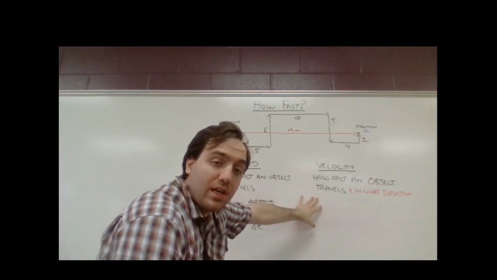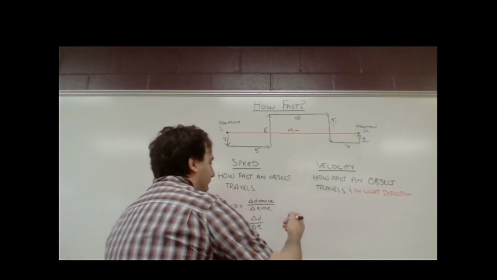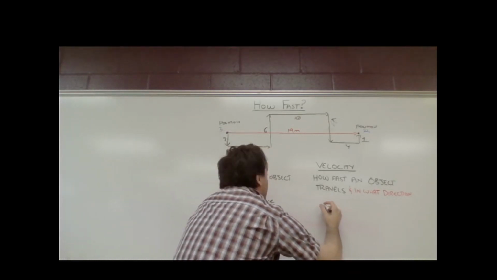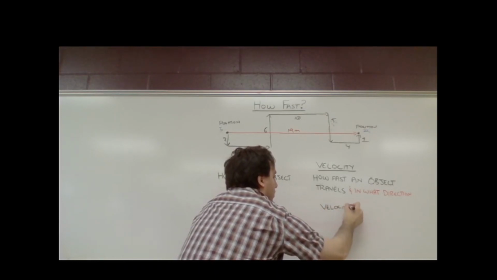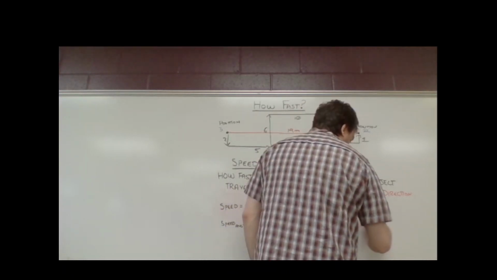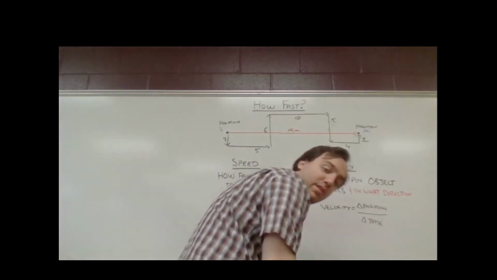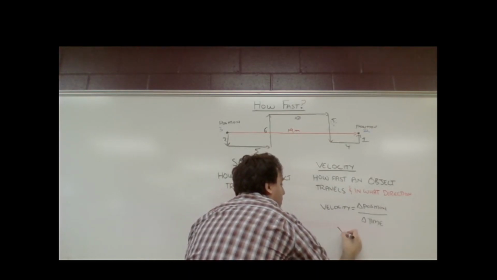Your velocity, on the other hand, is defined as your change in position, or your displacement, over your change in time. When we abbreviate this, what we will see is a couple things.